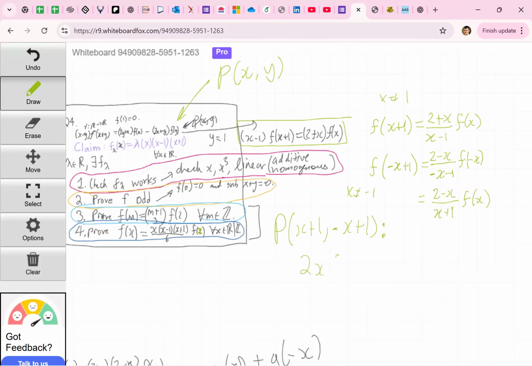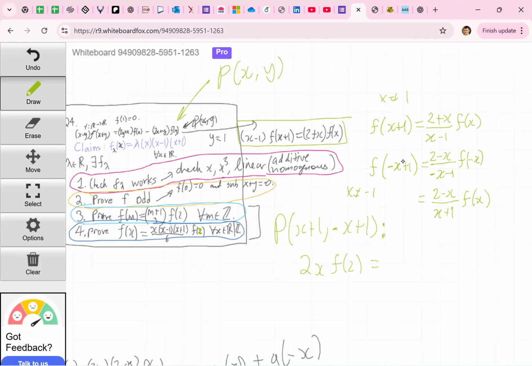So it's 2x f of 2, and this is equal to this stuff here, f of x. So x plus y is just 2.